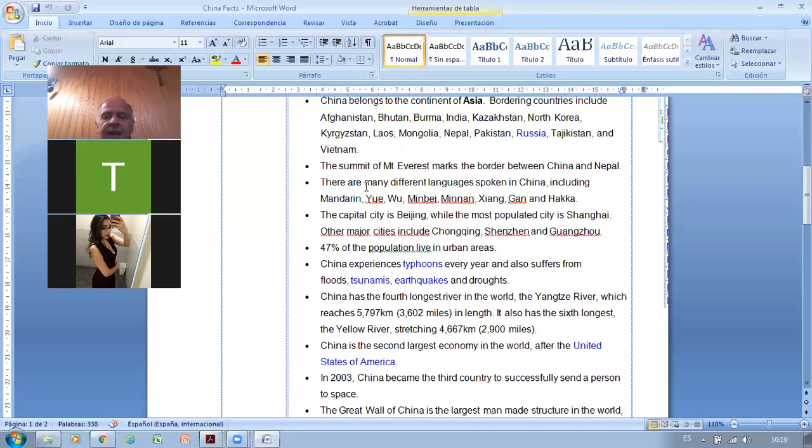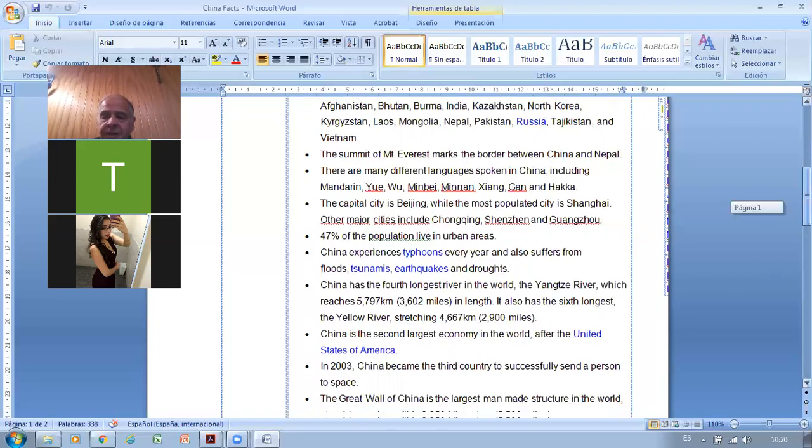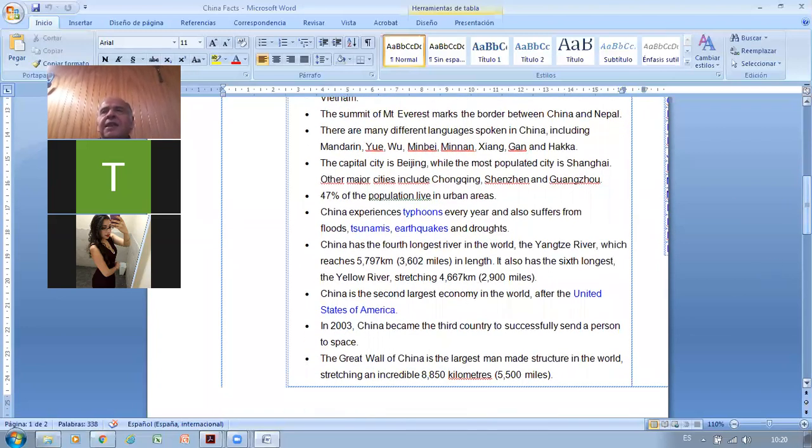It says, China has the fourth longest river in the world, the Yangtze River, which reaches such and such miles in length. It also has the sixth longest, the Yellow River, stretching whatever. China is the second largest economy in the world after the United States. This is important. They are the second largest. I would say that nowadays China is the best economy in the world, more than the United States.